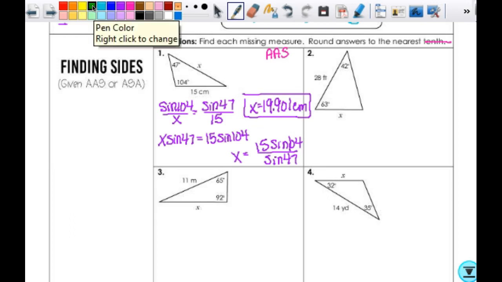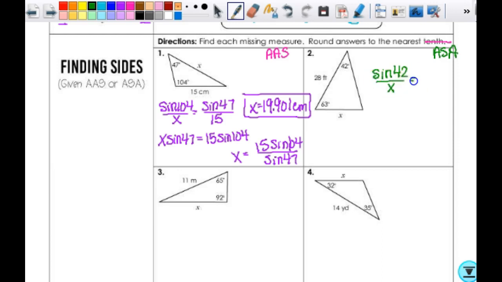Let's look at number 2. This is angle-side-angle, because the side is in between the two angles. So I get to use the law of sines. I have 42 across from x, so I can say the sine of 42 over x equals, and this side length is across from this angle.